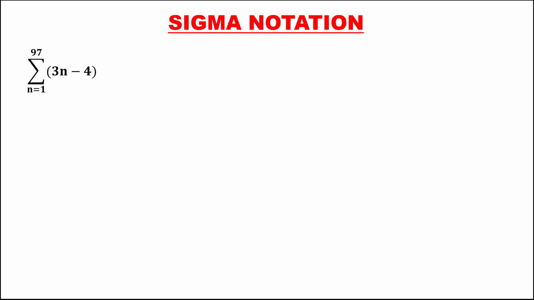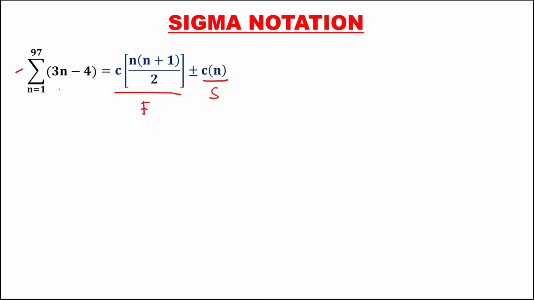So for this problem, to evaluate the sigma notation, from this given, take note that we can use this formula to evaluate a sigma notation. From this formula, this one is the first term, and this one is for the second term.